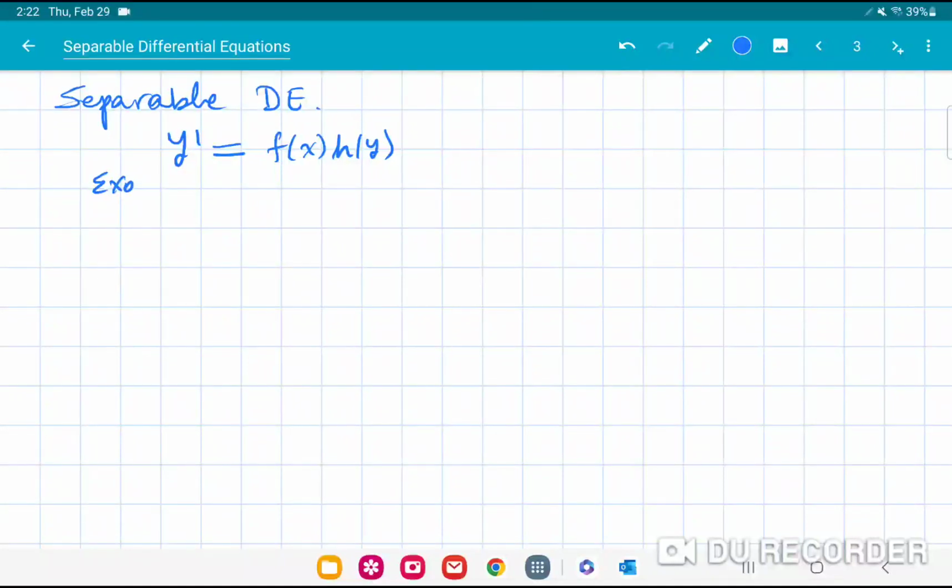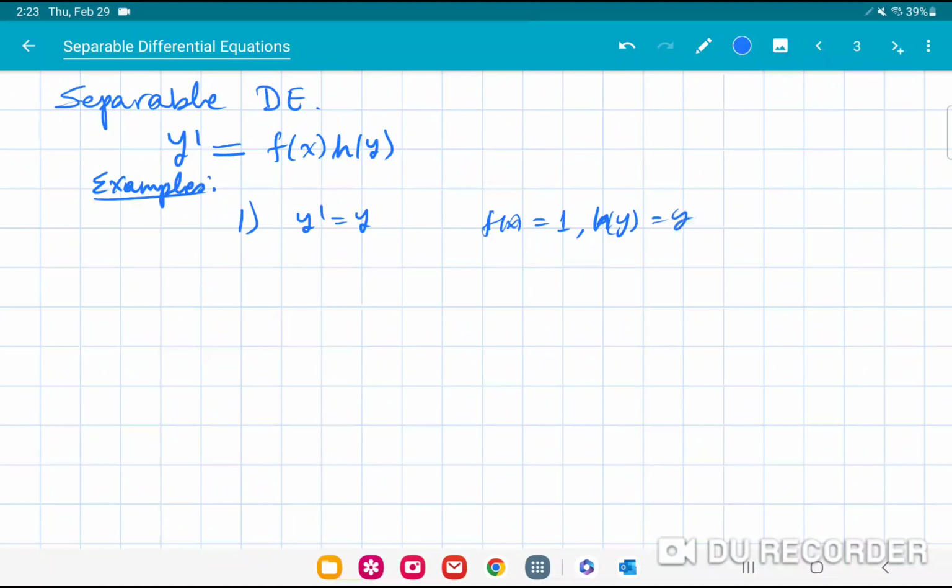Let me give you examples here. I have y prime equals y. In this case, f of x is just the function 1, and h of y is the function y.